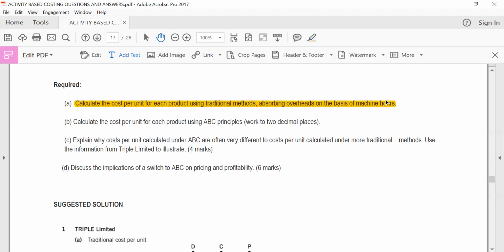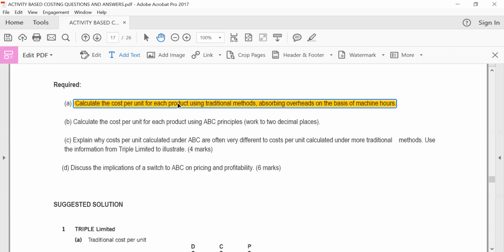So the first is saying calculate the cost per unit for each product using traditional methods. What is that traditional method? A traditional method of valuing overhead is either marginal costing or absorption costing. And the modern method of valuing overhead is what you call activity-based costing. But you know for sure that in the PM syllabus, we do not have marginal costing.